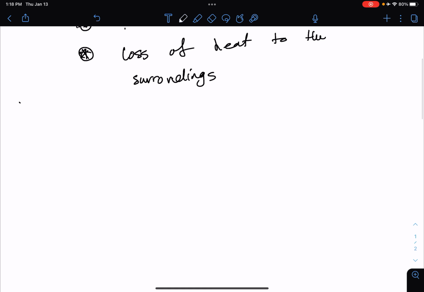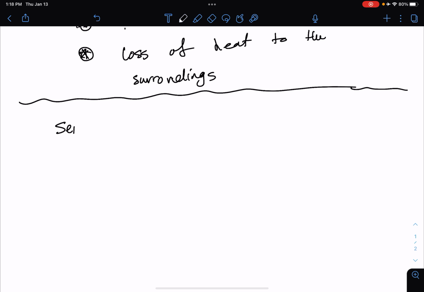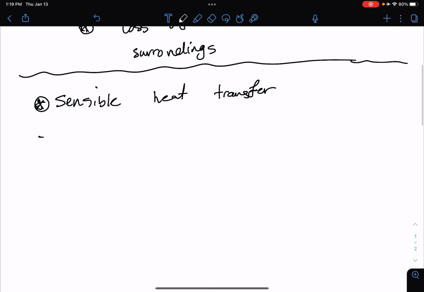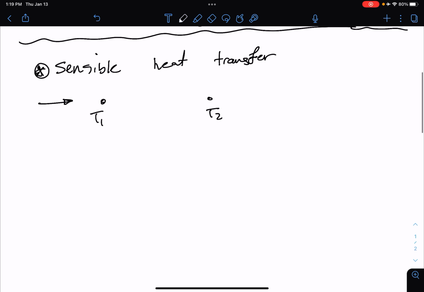There are different types of heat transfer. This definition of heat transfer specifically talks about sensible heat transfer. To make it more sensible, let me give an example. Let's say there are two points with different temperatures, T1 and T2, and they are not equal.